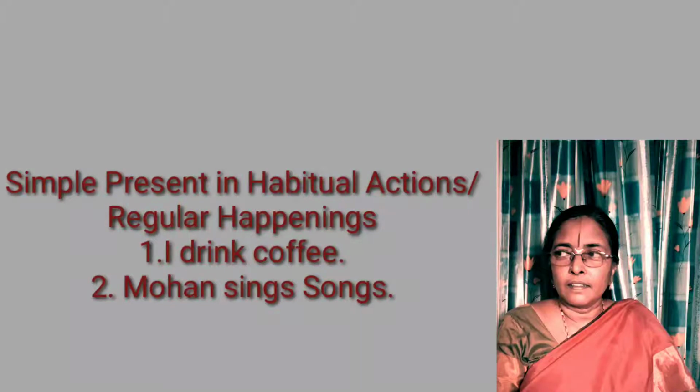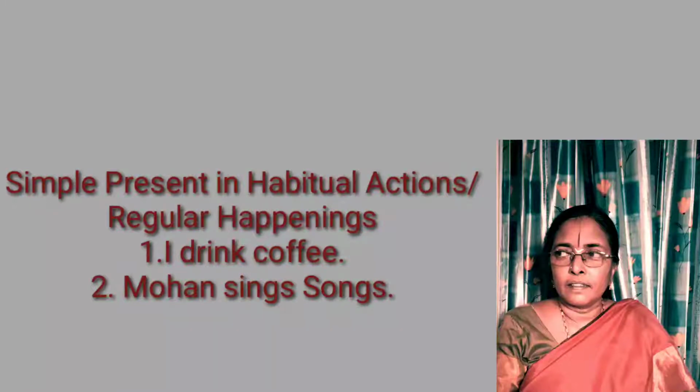First of all, we must know what is subject and what is object. The word which comes before the verb is called subject, and the word which comes after the verb is called object. And that subject or object may be either noun or pronoun. In the first sentence, I drink coffee, here I is first person pronoun, and that is in singular form.